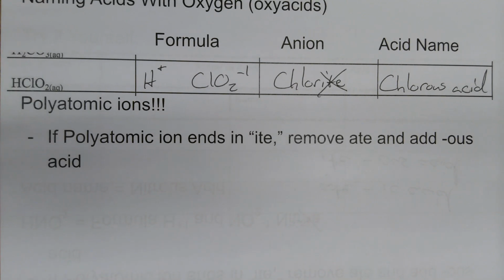That's where it comes in, knowing those polyatomic ions. The quiz that you're going to take on Tuesday, it's not going to be acids. It's going to be type 1 ionic compounds and the type 2 ionic compounds. Type 1 was the packet that we did.